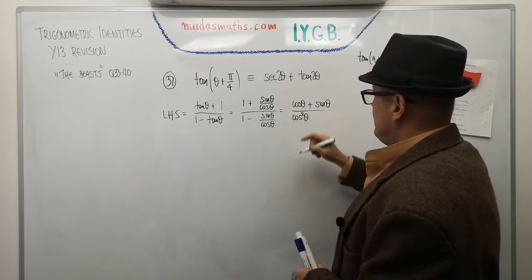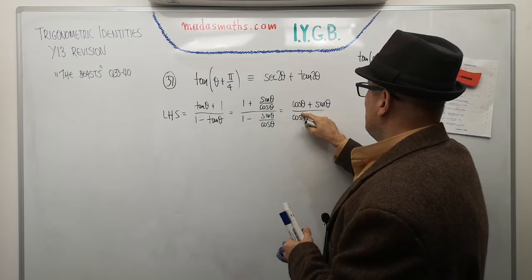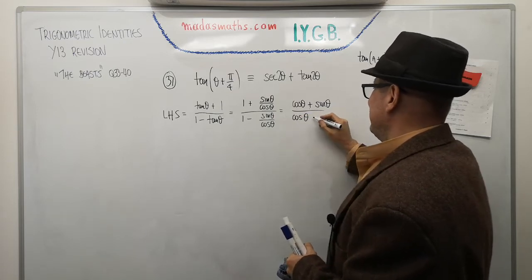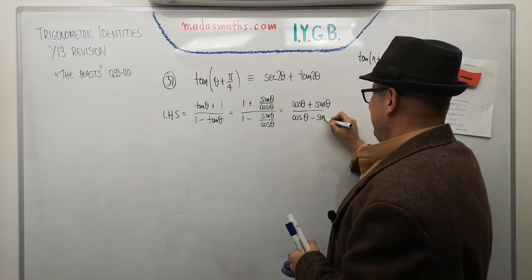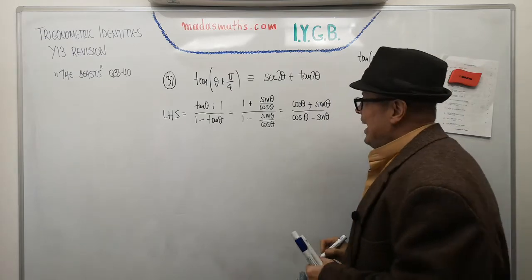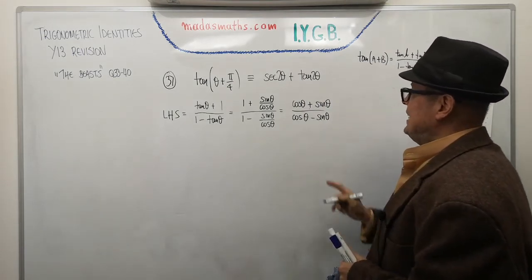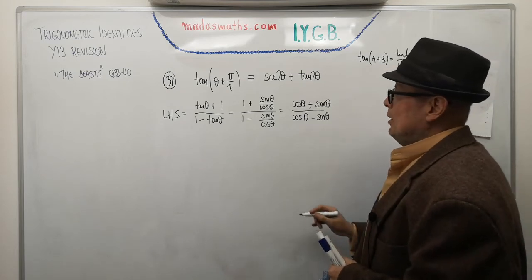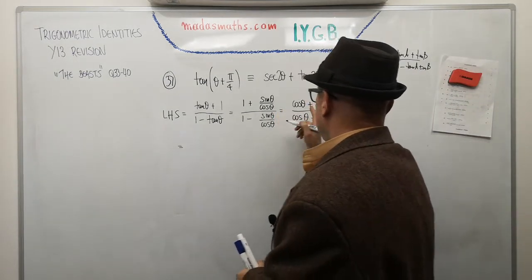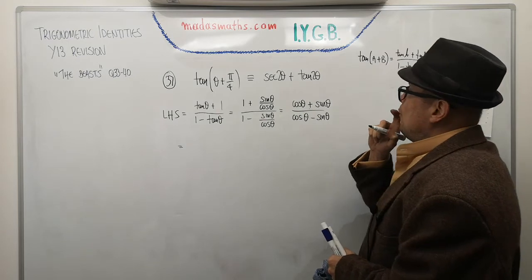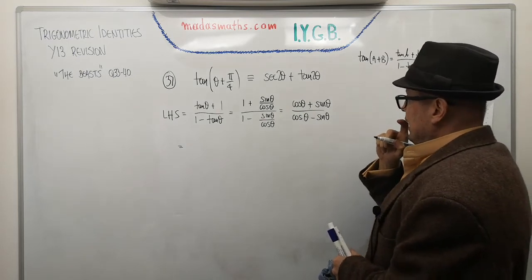Oops, why am I writing square? It's because I'm thinking of the next line actually. Cos theta minus sine theta, because I can now see what is the plan for this particular identity. I need to multiply top and bottom of this fraction by the correct quantity.